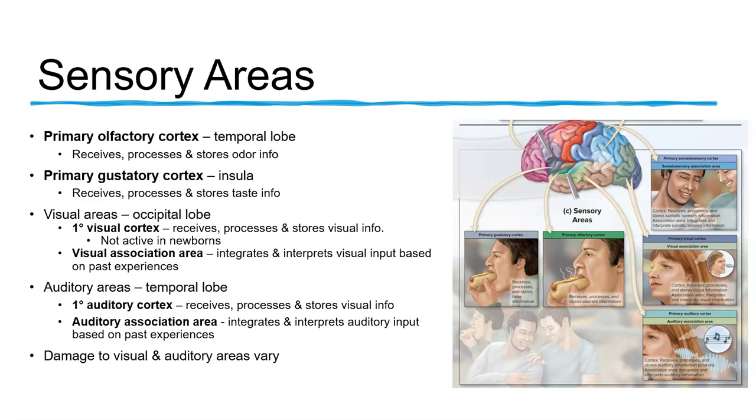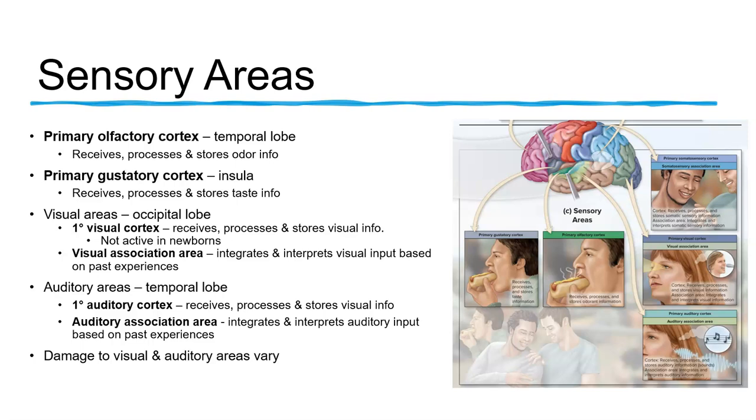Your primary visual areas are located in the occipital lobe, and the primary visual cortex receives, processes, and stores the visual information. Well, it's not quite as active yet in the newborn, as the sense of vision is not fully developed. The visual association area integrates and interprets that input based on files our brain has stored.